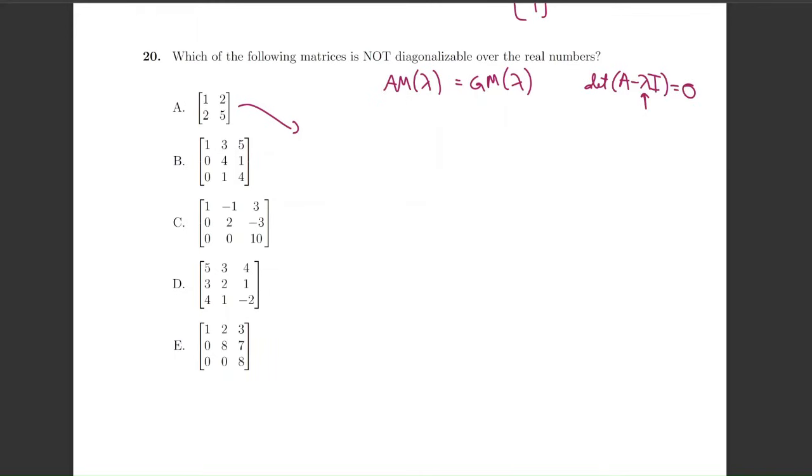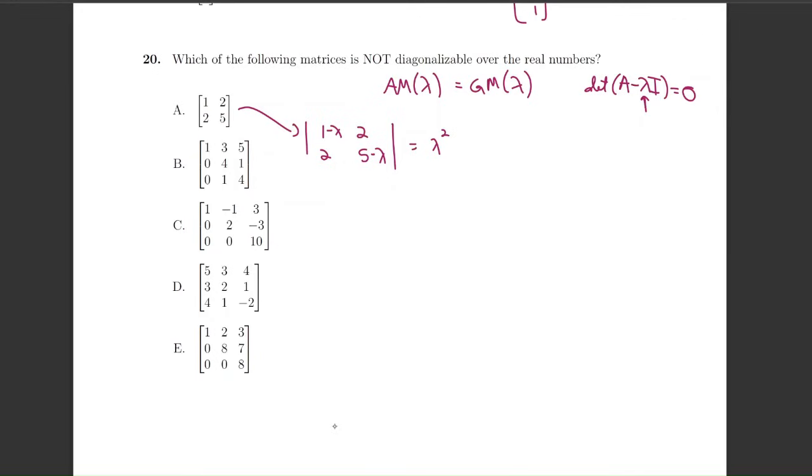In the first one, we have 1 minus lambda, 2, 2, 5 minus lambda. So lambda squared minus 6 lambda plus 5 minus 4, which is just plus 1. Clearly this is going to give you 2 different eigenvalues, so these are distinct, and this is going to be diagonalizable.